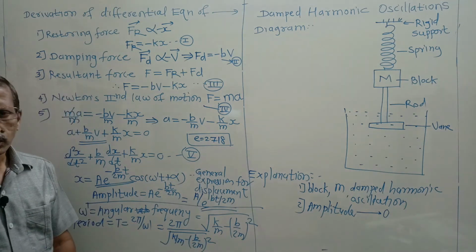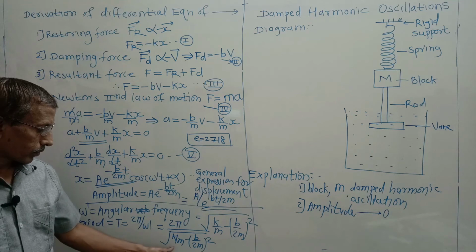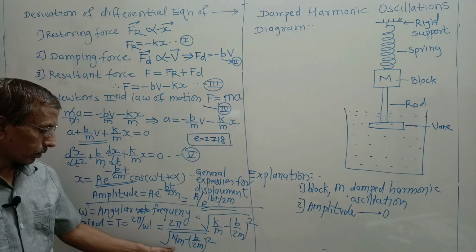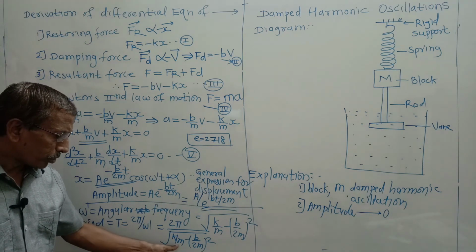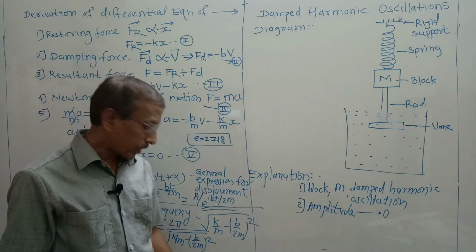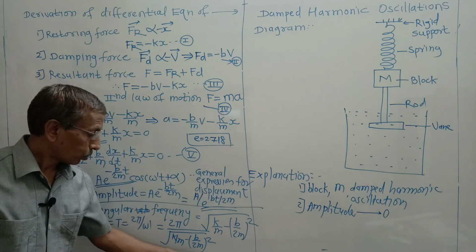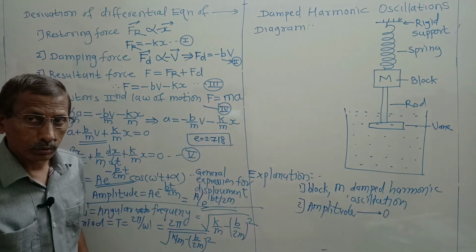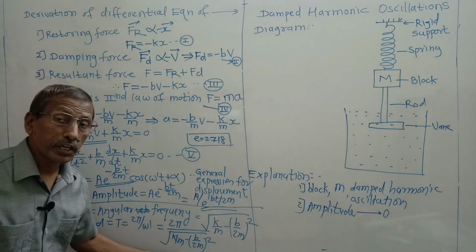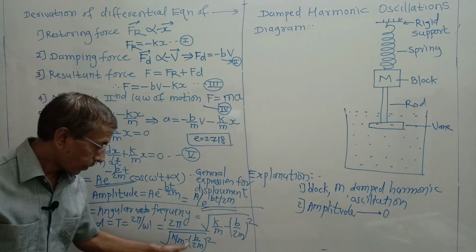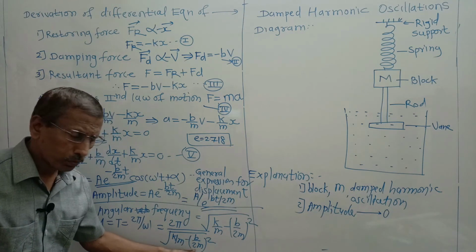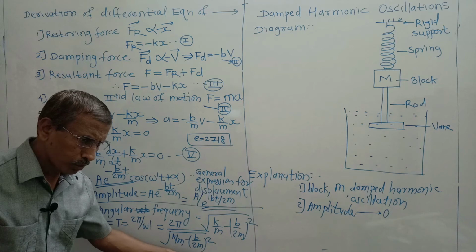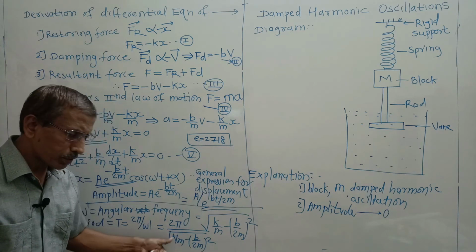We know that from k by m, we have to subtract this positive term. b by 2m is positive, its square is also positive, and k by m is positive.